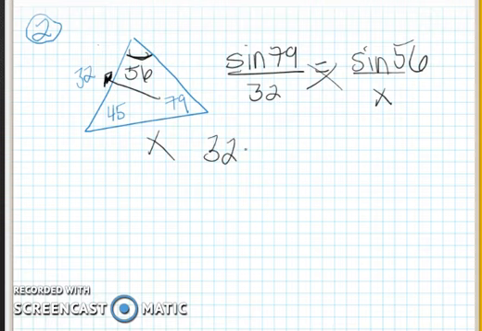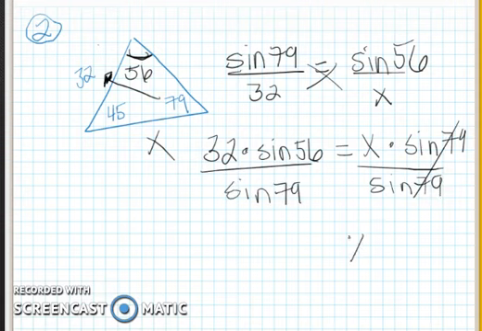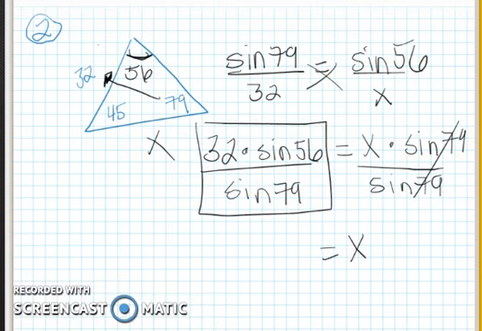This is going to be 32 times sine of 56 equals x times sine of 79. Now I'm going to divide by sine of 79 because I want x alone. And we have all of this in our calculator. Now let's see if you can get it correct. So this is your calculator ready form right here. Let's go ahead and I'm going to do it in my calculator. 32 times sine of 56, I'm going to divide that by the sine of 79.